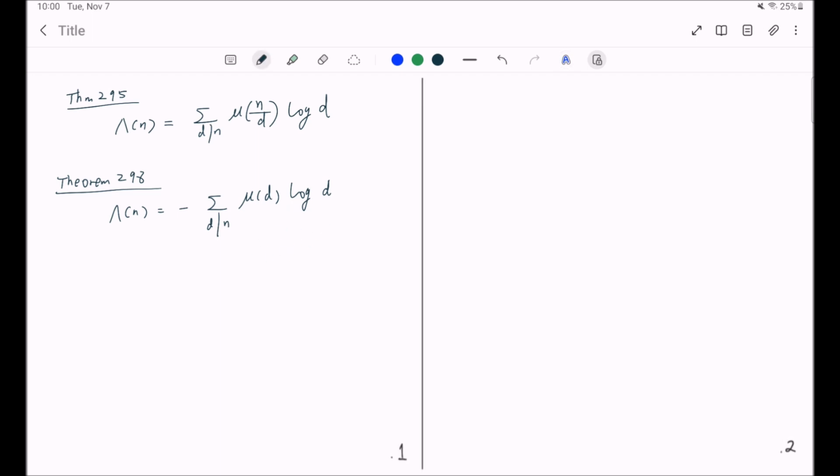So how to prove this? This equation basically has nothing to do with the Mobius inversion formula. Instead, we're going to just prove this with combinatorics. First, if n is equal to 1, then you still get the trivial equality, because the left hand side will be 0 and the right hand side will also be 0.